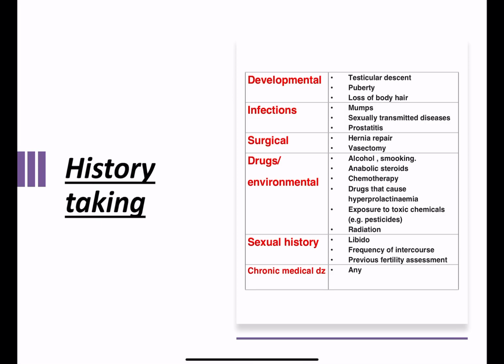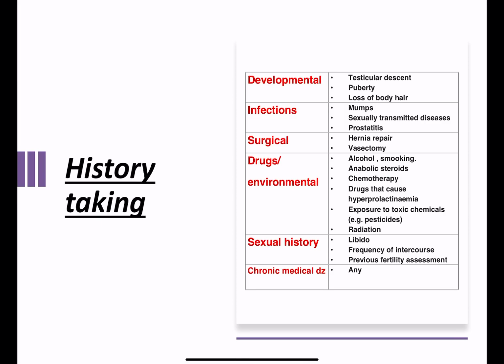Number 2, we should ask about infection, especially mumps in childhood, especially if it involved the testis. We should ask about sexually transmitted disease like gonorrhea. And we should ask about a history of prostatitis. Surgical history, we ask about any surgery for hernia, like inguinal hernia or femoral hernia, and any vasectomy.